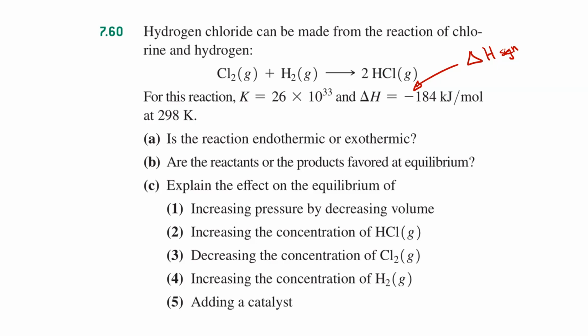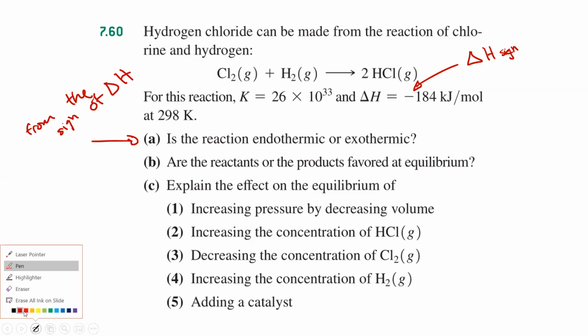So, A, tick. Are the reactants or products favored at equilibrium? Well, how do we tell? Part A comes from the sign of delta H. Part B, how do we figure out part B? Where does this come from?